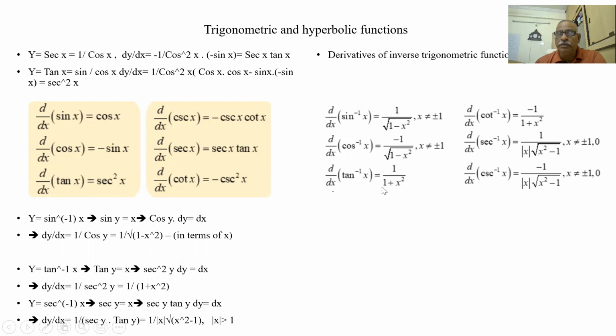Minus 1 by square root of 1 plus x square is cot h inverse x.